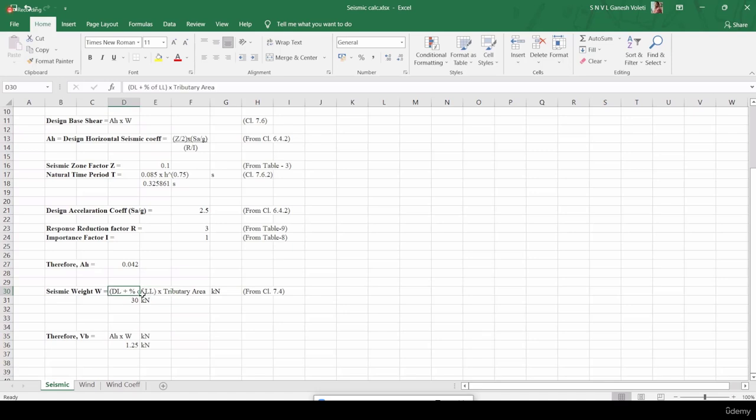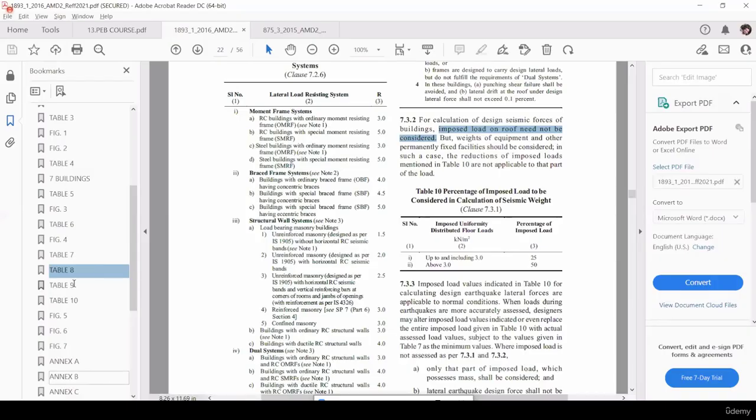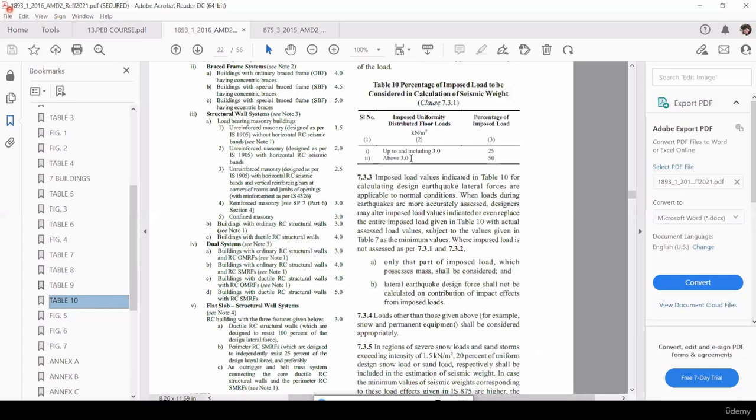Yes, sir. You are asking about 2 to 3 floors. So exactly, in that case, we have to take live load into account. So that percentage is mentioned. I'll tell you. Suppose if you go to IS 1893 table 10, up to and including 3, you can take 25% of live load if the live load is above 3 kilonewton per meter square.